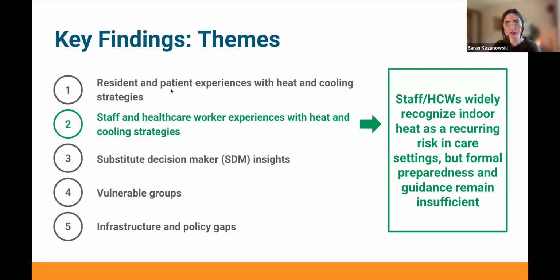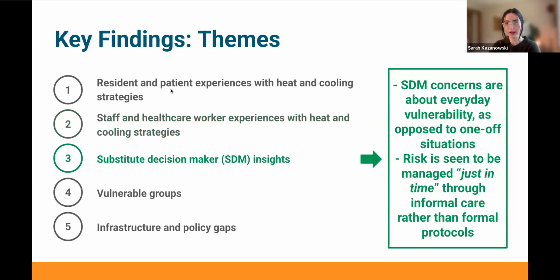If we turn now to the SDMs, they described their concerns as rooted in everyday vulnerability rather than just a one-off or exceptional situation. So they were concerned whether their relatives would recognize or respond to heat stress on their own.